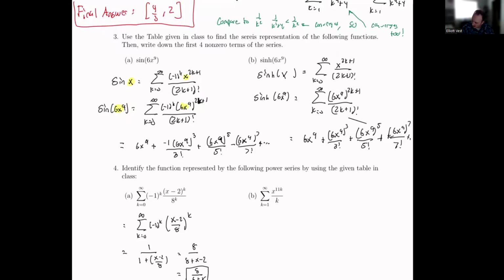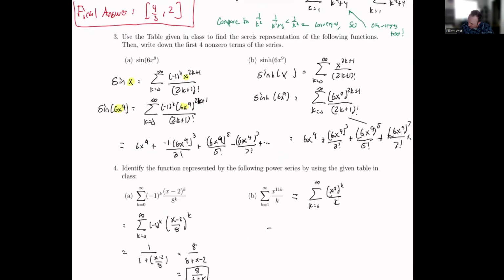That's totally fine. Okay, I'm going to move this to be the summation from k equals 1 to infinity of x to the 11th to the k power over k. Is there something in my table that just has divided by k? Well, let's look. I see a k here, but this has a negative k plus 1. Here we go. This is just x to the k over k.